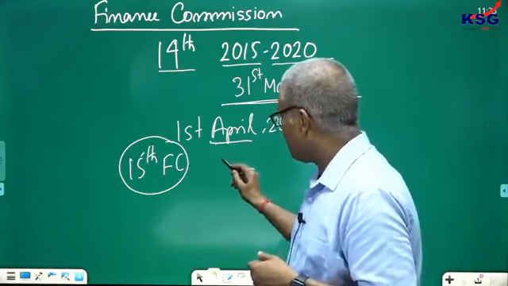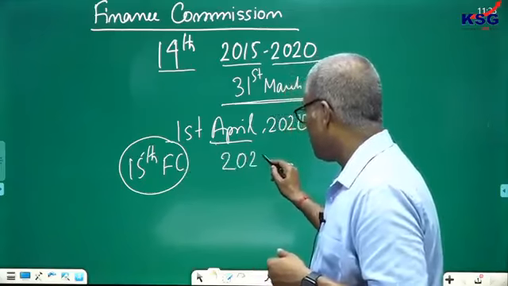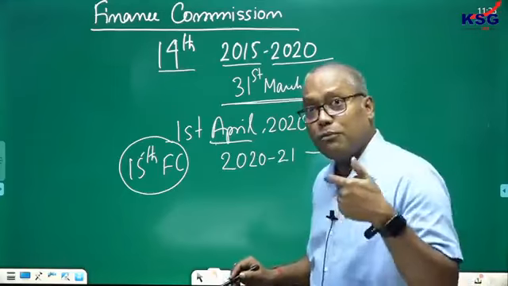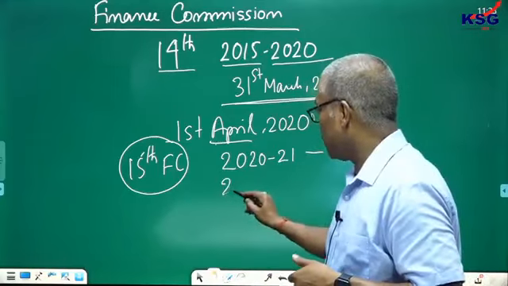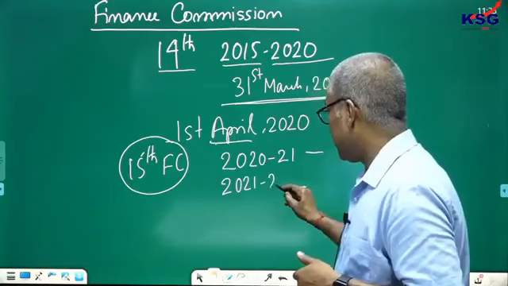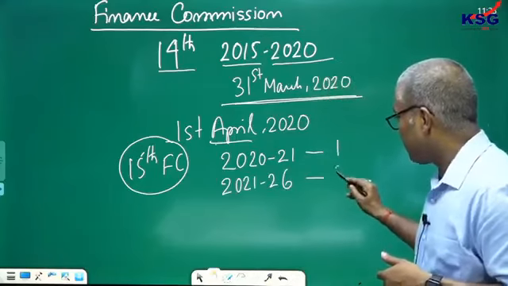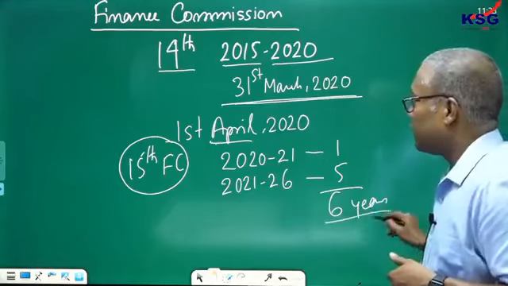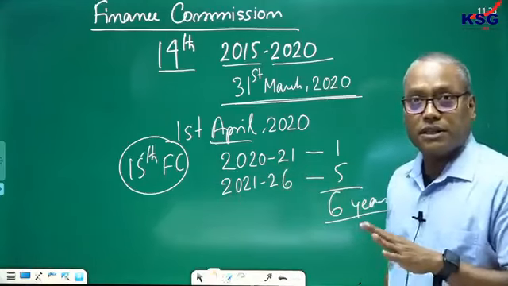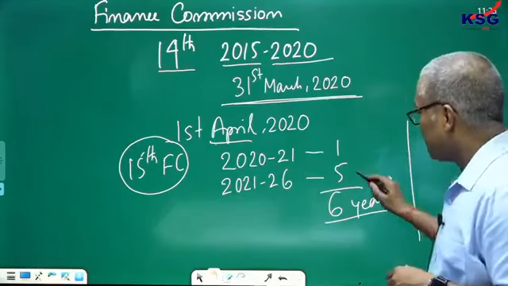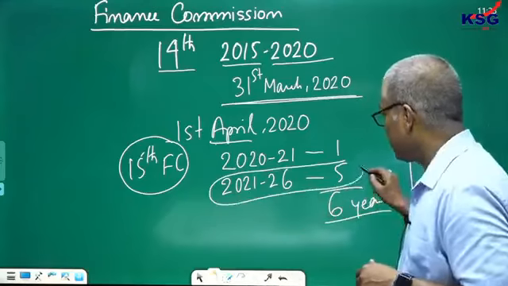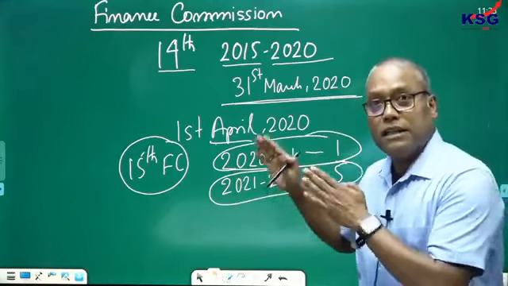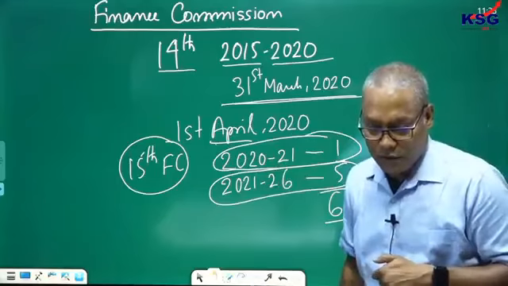So this finance commission recommended 1 year for 2021, and submitted the final report the next year for 2021-26. So 1 year plus 5 years, total 6 years. Remember these things: the final report is for 21-26, and for 1 year to fill the gap they recommended this one. So they worked for 6 years.